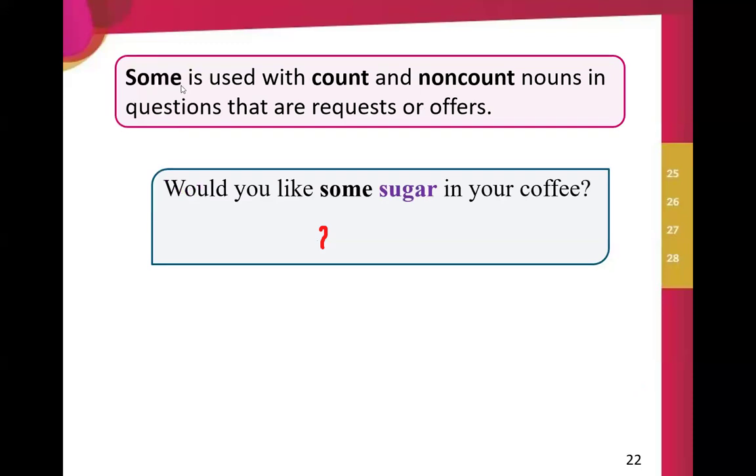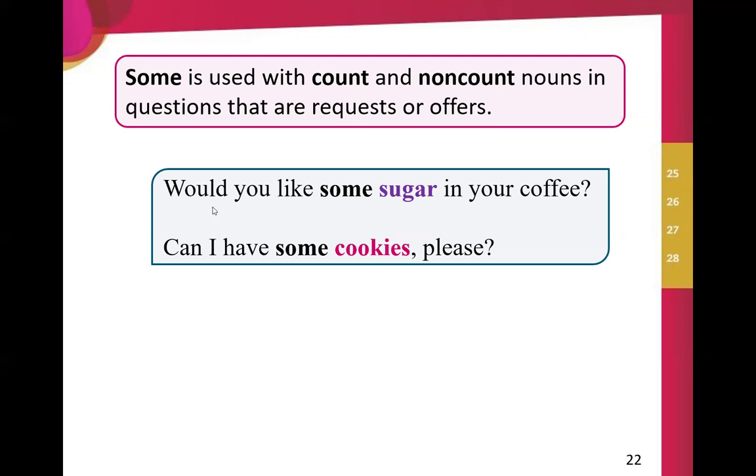Some is also used with count and non-count nouns in questions that are requests or offers. Remember that. So concentrate with me and remember carefully that we use some in questions which mean we offer something or we request something.